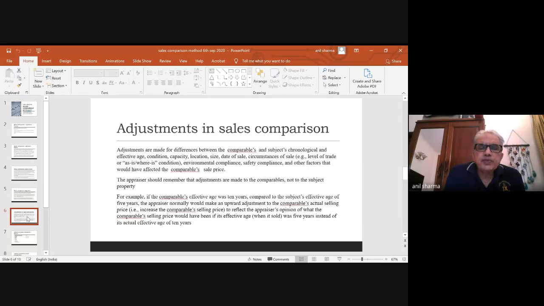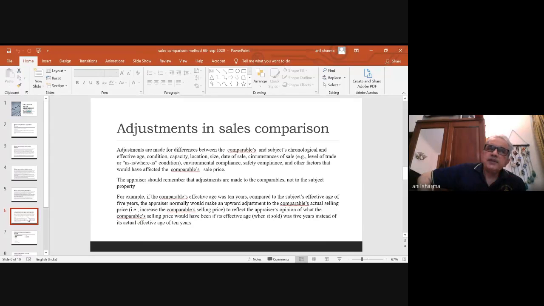So what are some of the factors which you'll consider when comparing it with a subject asset? You will see the effective age, the condition, the capacity, the location, the size of the machine, the date of sale. Sometimes there can be circumstances of sale, like as is where is condition. Then there is whether it needs environmental compliance or safety compliance where it is installed.